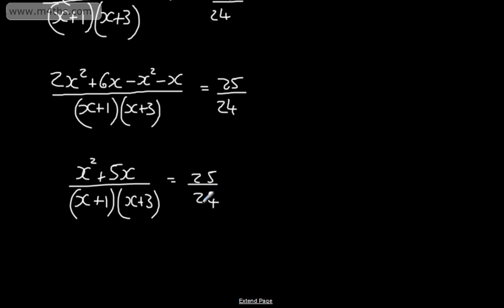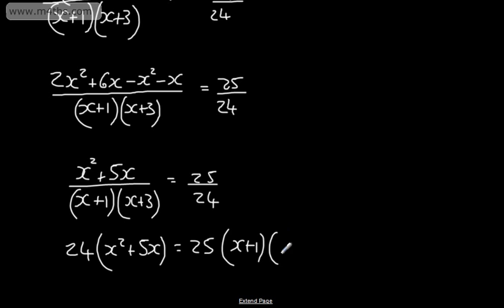So multiplying both sides of the equation by 24 and both sides of the equation by this denominator of x plus 1, x plus 3, we'll have 24 lots of x squared plus 5x will be equal to 25 lots of x plus 1, and then we're going to have x plus 3.